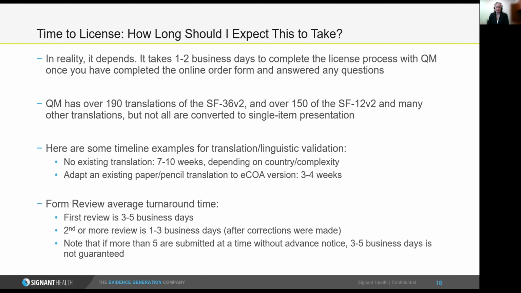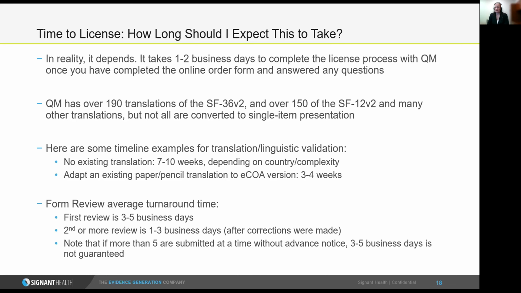And so it starts with mark the 1 box on the form. Well, in electronic implementation, you have to change that to select the response. In addition, many of those forms have a grid presentation, which separates out the item stem and the rest of the item. And we have to have that in 1 item at a time, say for a smartphone version. So there's a few things with tense and stuff like that that has to change.